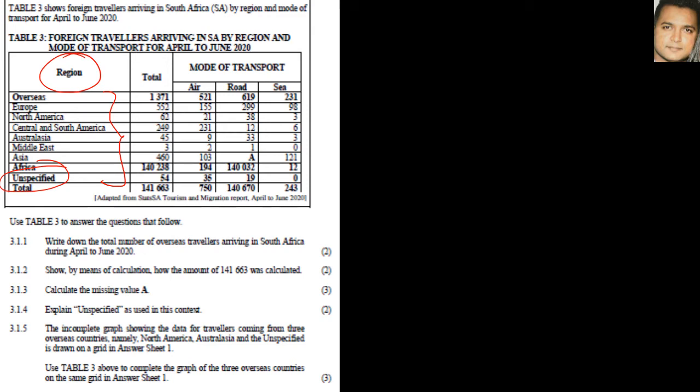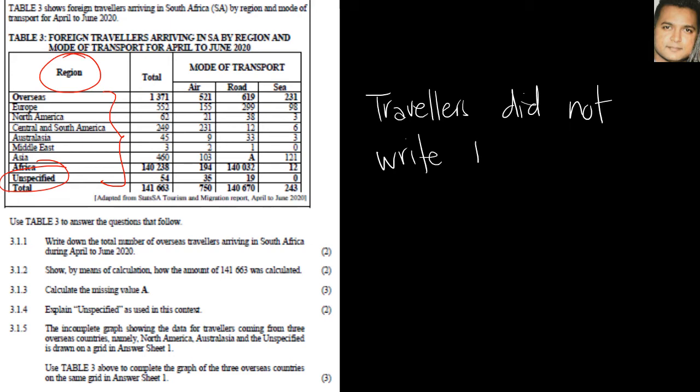So the unspecified would mean that the travelers did not write their place of origin. That means the place where they came from.